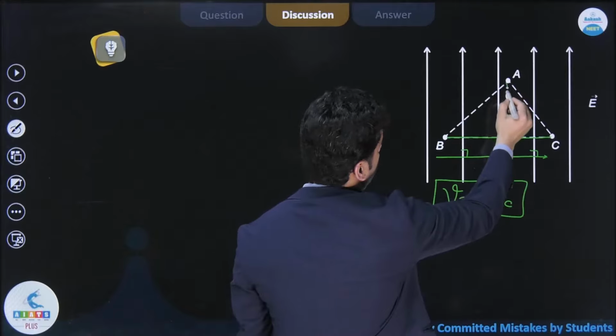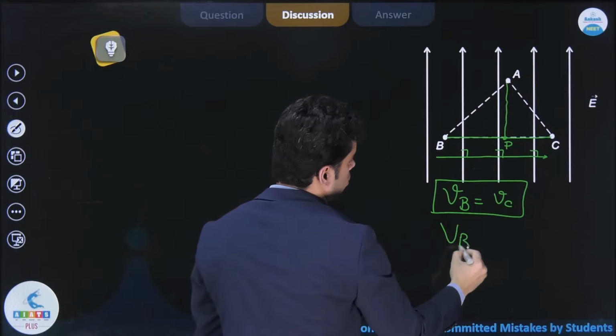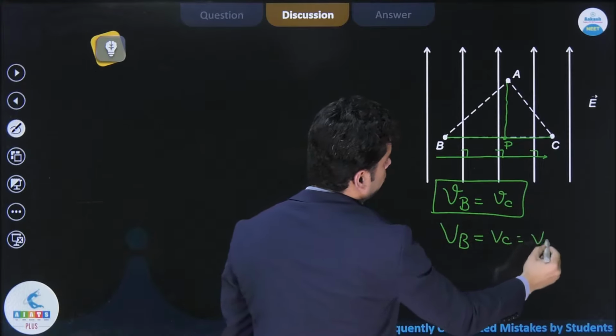So let me take this point P. So I can write that VB is equal to VC is equal to VP, right?